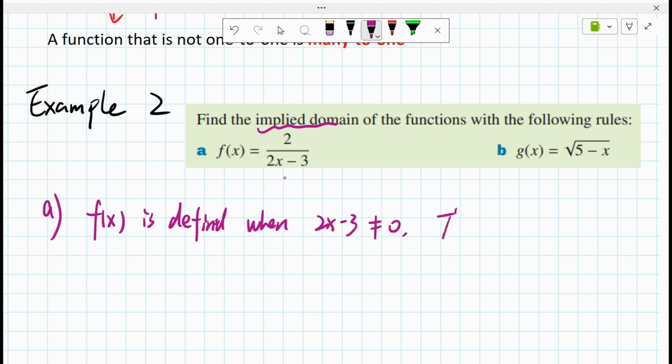So that's the implicit domain. Actually, it's the real numbers, but not including 3 over 2.